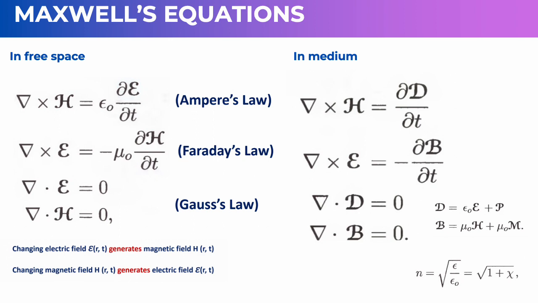So that was it about Maxwell's equations. These equations are also used extensively in real world applications where we need to be precise and exact. Now we'll move on to the polarization of light.